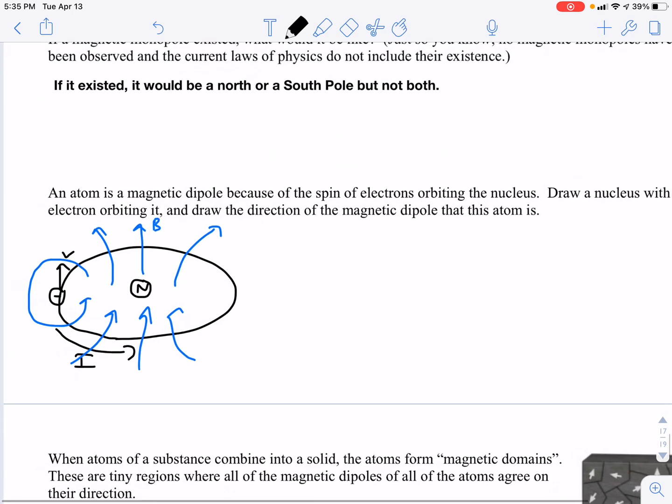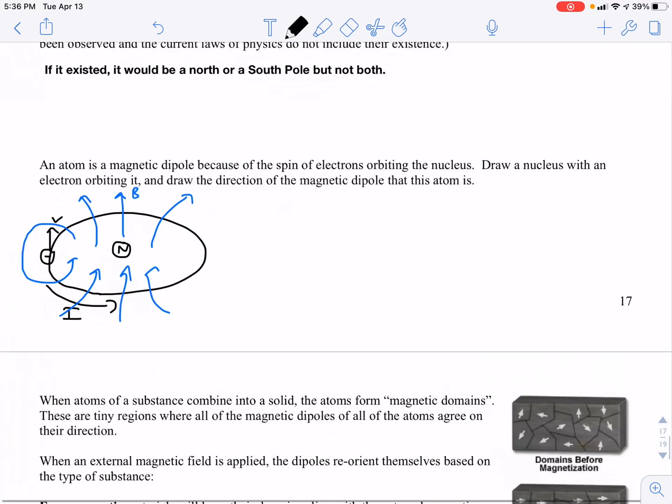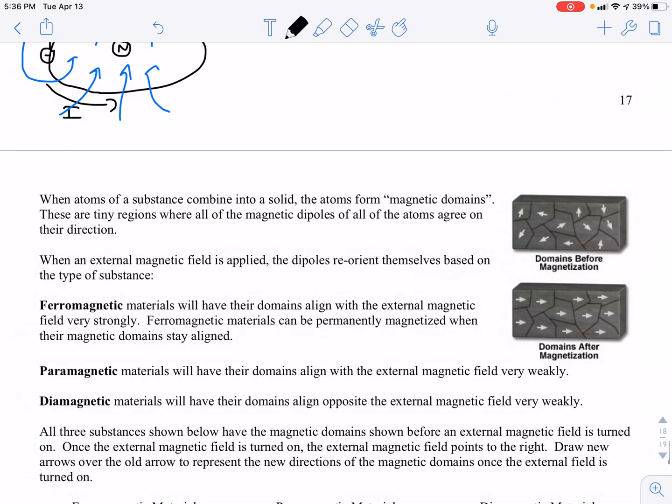So all atoms are creating small magnetic fields due to the rotation of orbiting electrons around a nucleus. Now, if you put that together and you get the magnetic fields pointing in certain directions, you then get a magnetized object, which is where we get into the concept of magnetic domains.